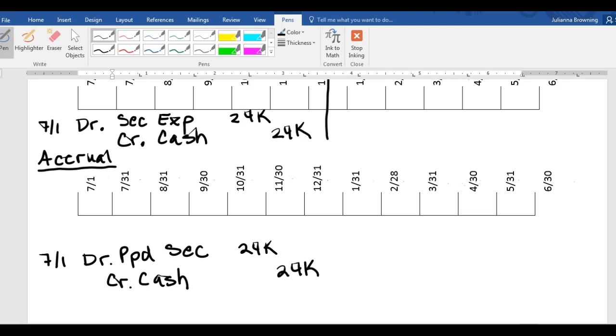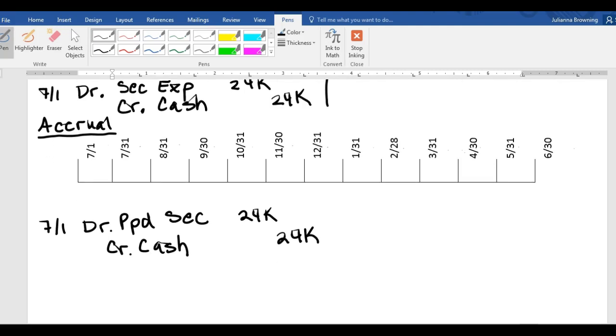In fact, we are going to show on a monthly basis the using up or the utilization of that asset, and we're going to show that we're using it up, and we're going to then show an expense related to it. So as we move along, each month, we're going to utilize part of the contract. So if our contract is $24,000 and we utilize it over a 12-month period of time, we're actually utilizing $2,000 per month.